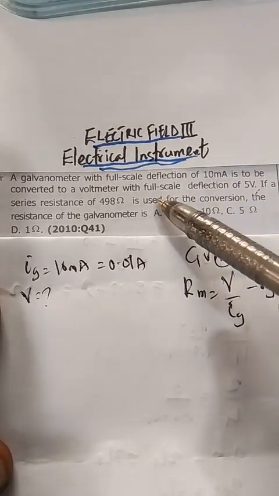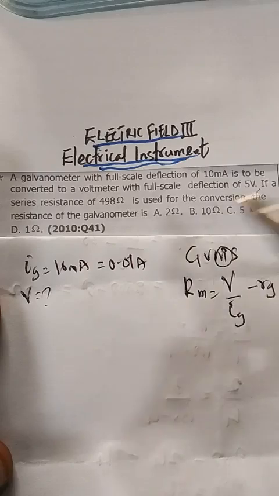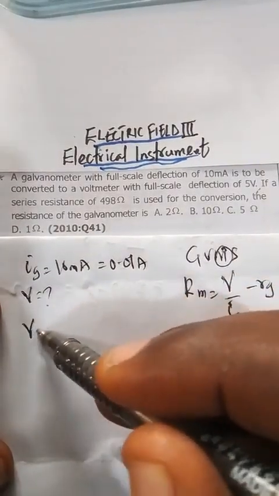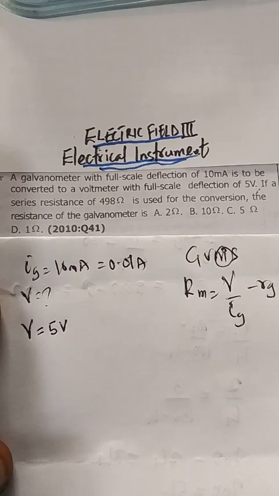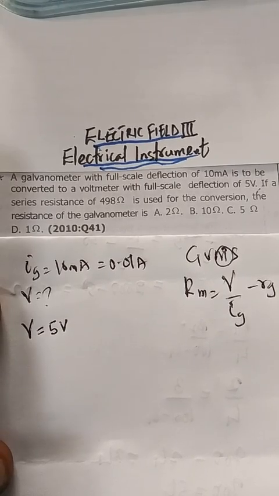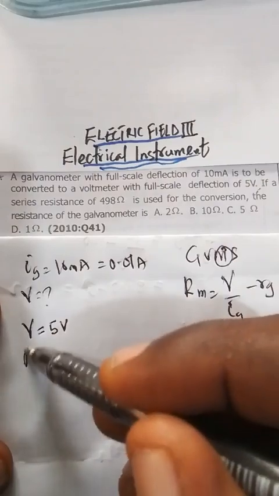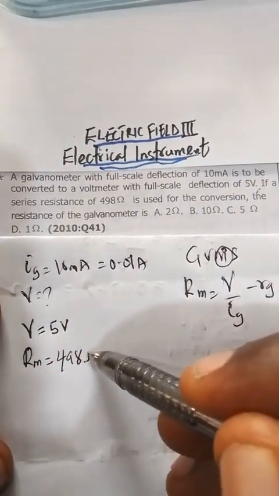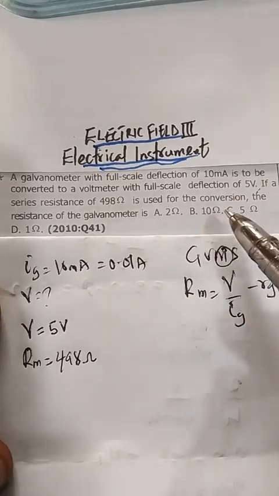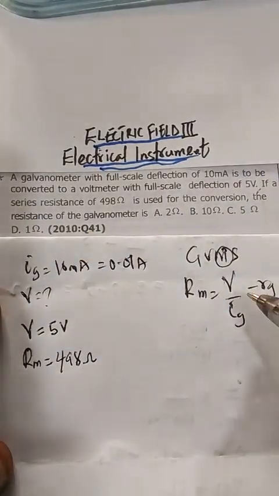Now let's continue. With full scale deflection of 5 volts. This time we're not looking for V. V is given to be 5 volts. If a series resistance of 498 ohms is used, in this case we are already given a multiplier resistance of 498 ohms. So coming to this formula, we can look for the resistance of the galvanometer, Rg.